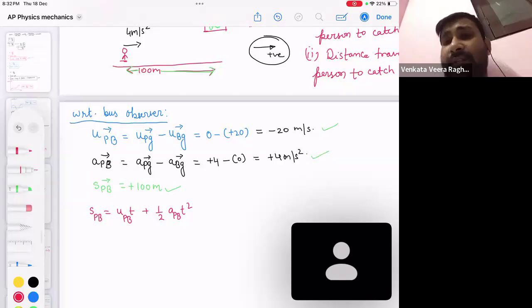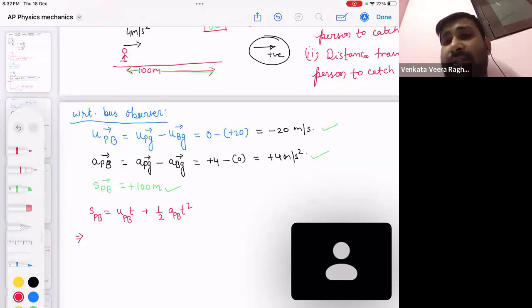I can put in the values: displacement plus 100, initial velocity minus 20t, plus half acceleration into t square.